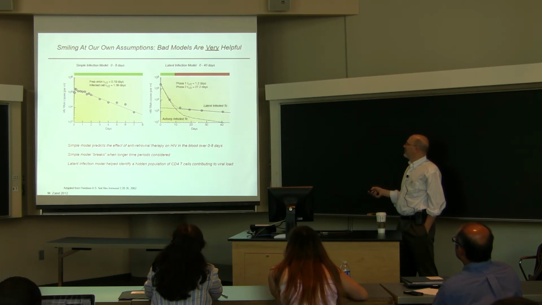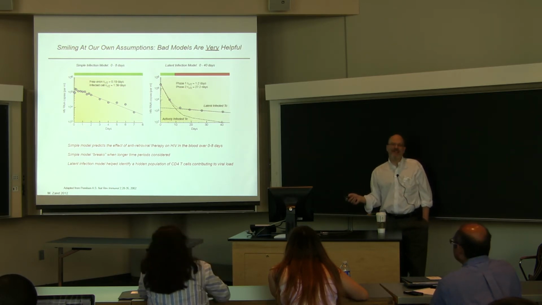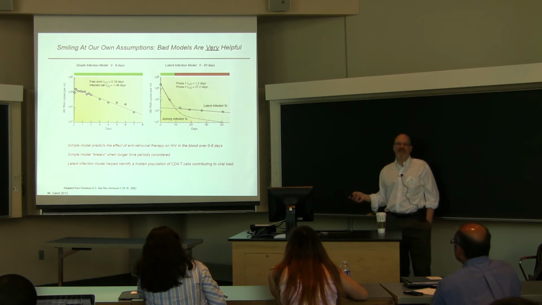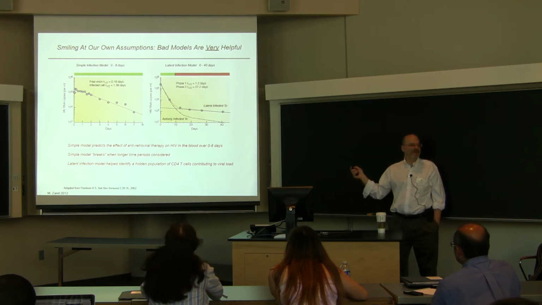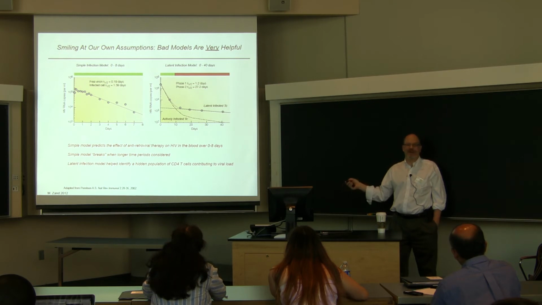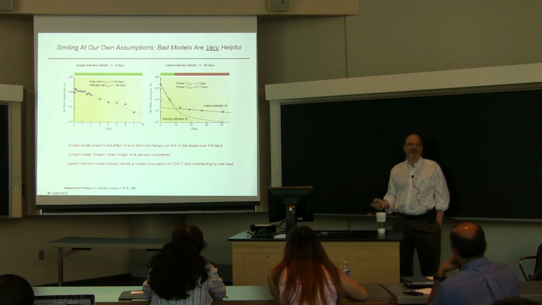The model does not fit the data, and what you have are latent infected T cells. So this very simple model identified a key feature of HIV infection in the immunology of that infection that people had not realized. Not because the model was right and fit the data, but because when you tried to extrapolate, the model was wrong. The model predicts this part of the curve fairly well, but not this part of the curve.